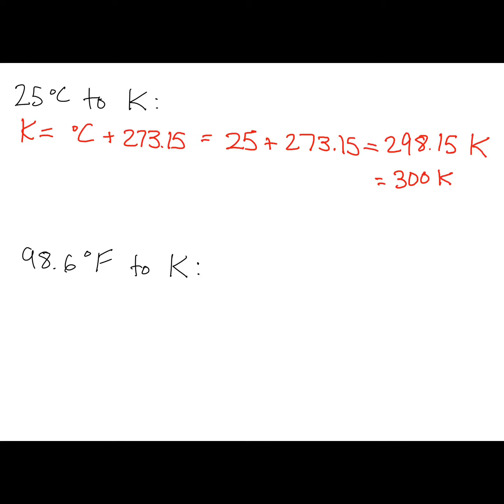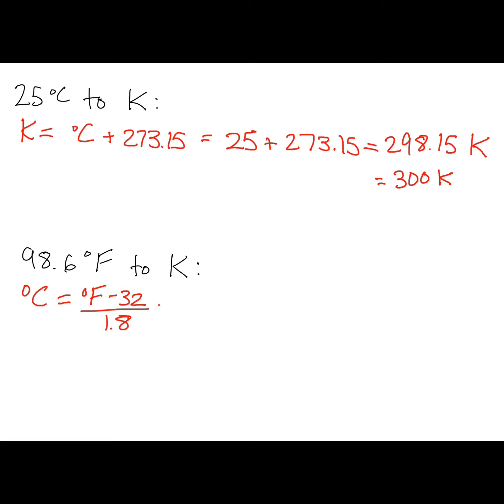Our last problem in this set is to convert 98.6 degrees Fahrenheit to Kelvin. So we need to use our Celsius equation to go from Fahrenheit to Celsius, and then from Celsius to Kelvin. So degrees Celsius is equal to degrees Fahrenheit minus 32 over 1.8.